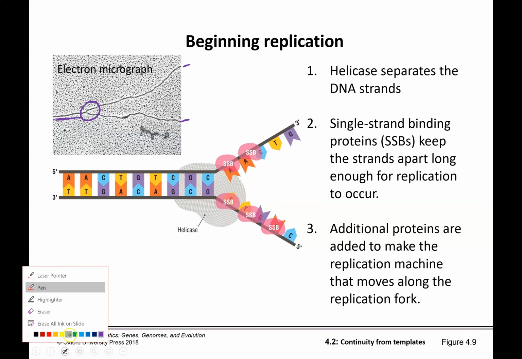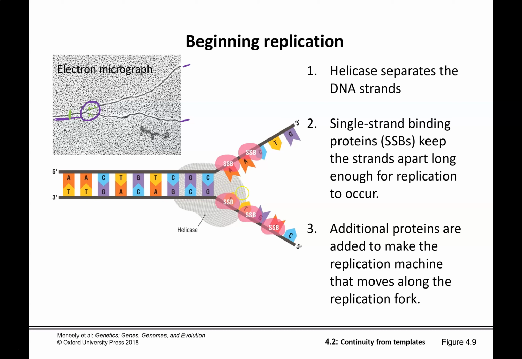That topoisomerase is going to be ahead a little bit, relieving stress. You'll have your single-stranded binding proteins in that fork, sort of keeping things open. And then, of course, you'll have your big helicase molecule in there actually doing the replication.